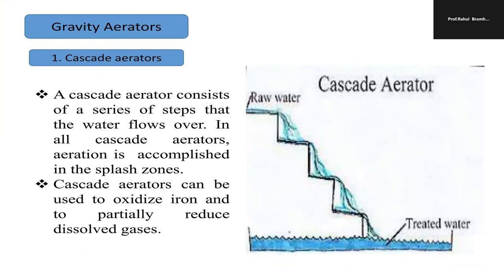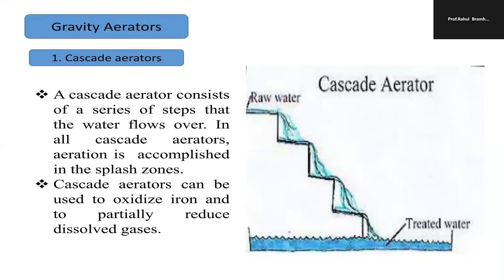Next is the gravity aerator, or we can say the cascade aerator. A cascade aerator consists of a series of steps that the water flows over. In all cascade aerators, aeration is accomplished in the splash zone.